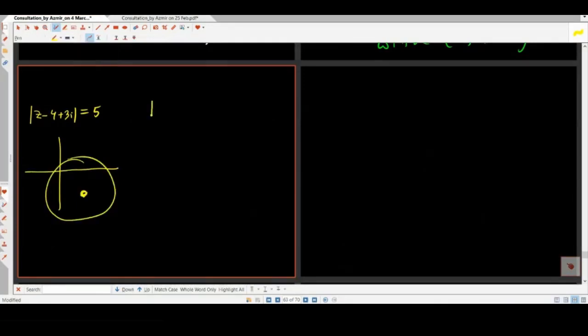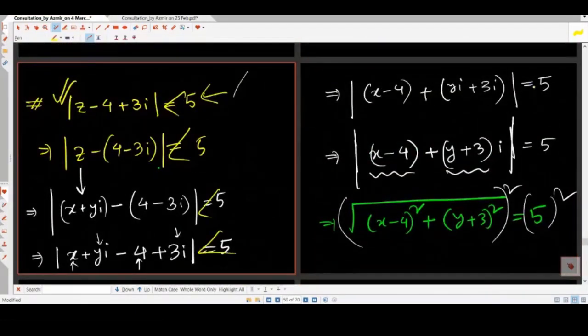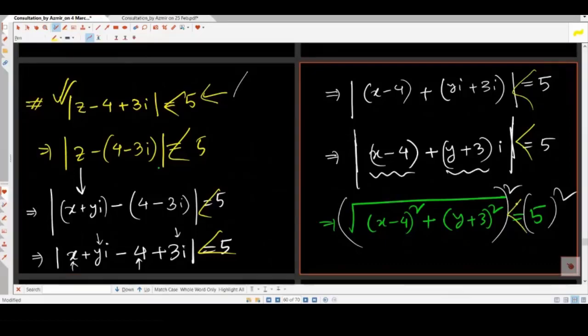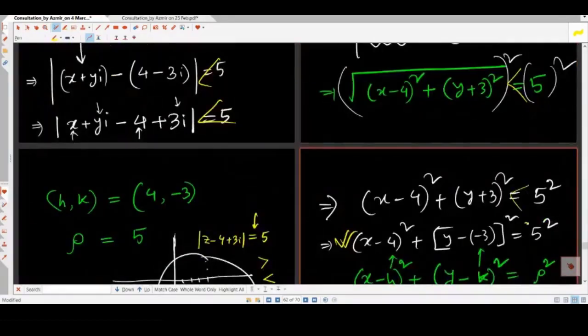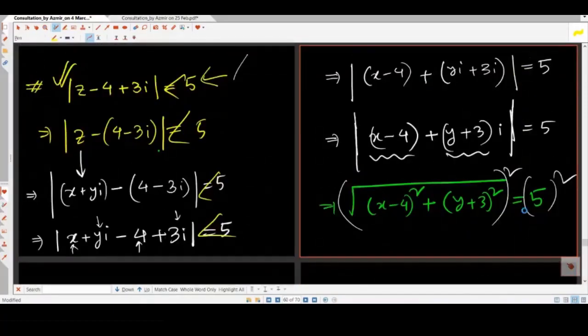Let's say we have the same expression, the modulus of z − 4 + 3i less than 5. So it will be less than, finally less than. So this is how we will reach the conclusion.